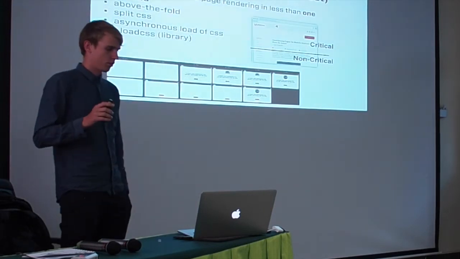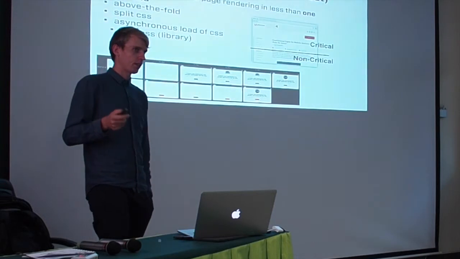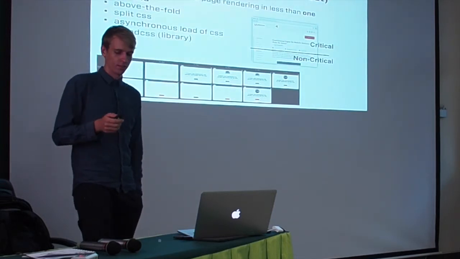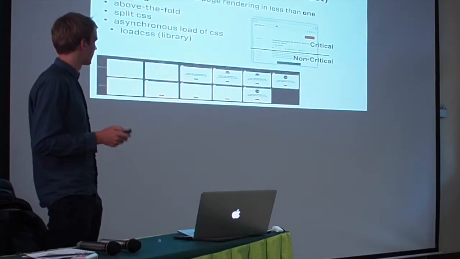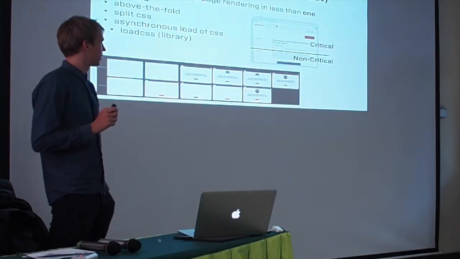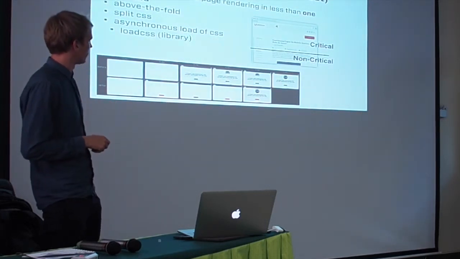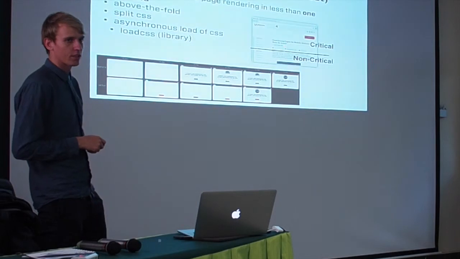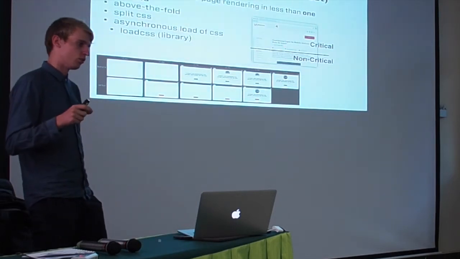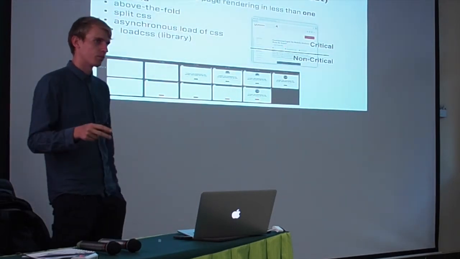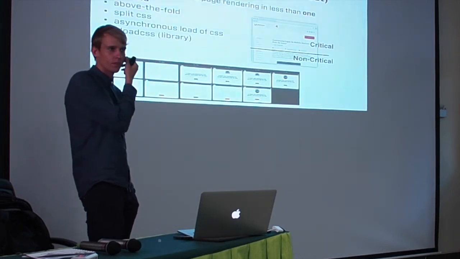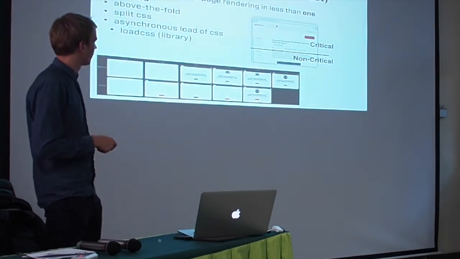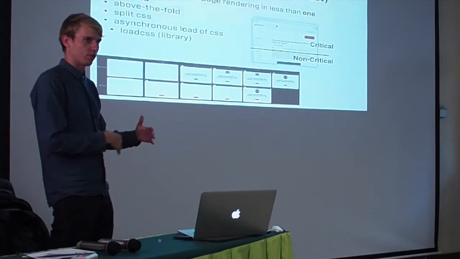So to achieve a page load of less than a second, you have to make use of this. What you do is you inline some CSS in the header, and you maybe strip some scripts and load everything else asynchronously, and also maybe not too much content.